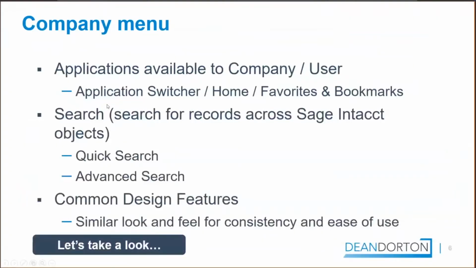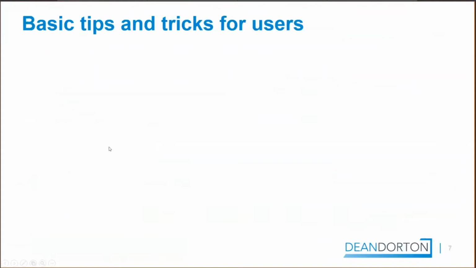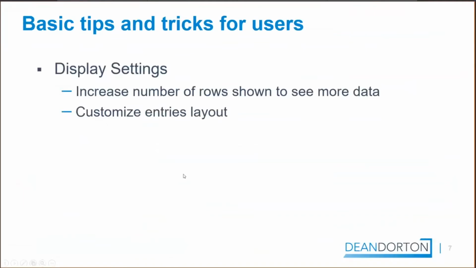So covering all of those, the two different menus. Next thing we want to jump into here is some of the basic settings that we can use. Increasing the number of rows that you see on a screen, how you can customize the actual entries layout, make it more efficient for the information that you have to enter and potentially eliminate some fields that you don't need.